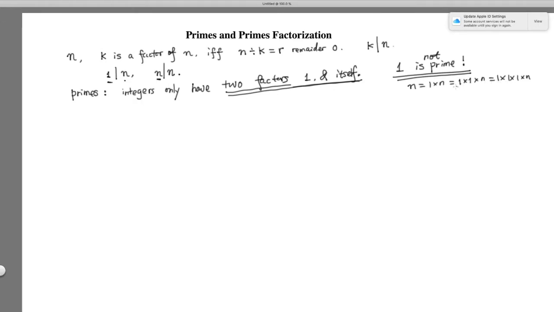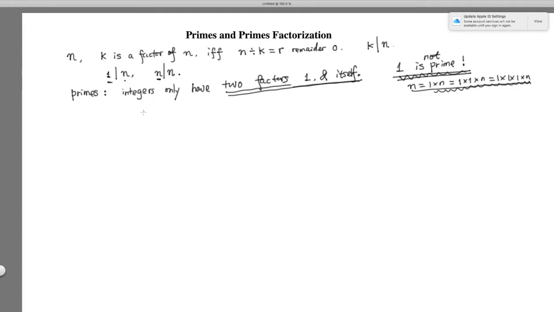So by introducing this 1, you can have many, many different ways of writing this factoring, and that's not helpful. It does not add any value to this factorization framework. So really it's for convenience that we exclude 1 from the prime definition. 1 is not a prime.